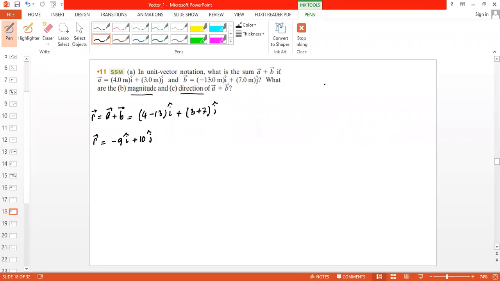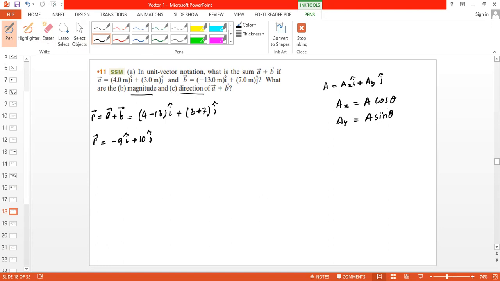So if a vector is given by a equal to ax i plus ay j, that means ax equal to a cos theta, ay equal to a sin theta.